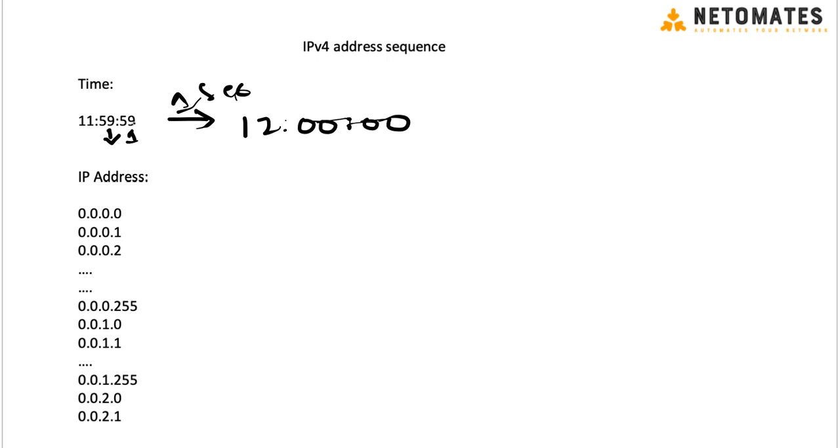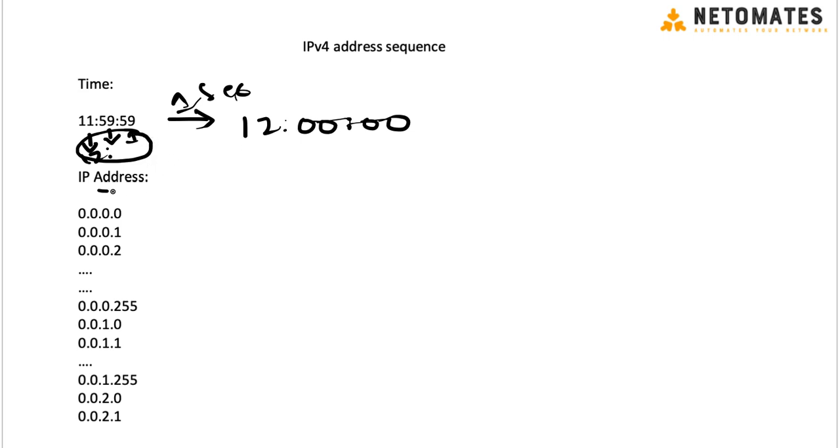So after 1 second, the 59 seconds will reset and increase the 59 minutes to 00, and we will increase the hour here. So just after 1 second, the value becomes 12:00:00. This is how we calculate the time.